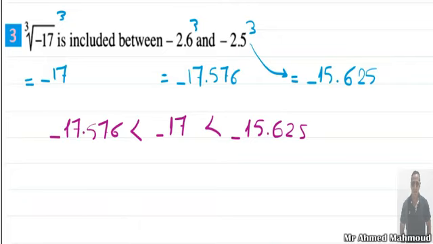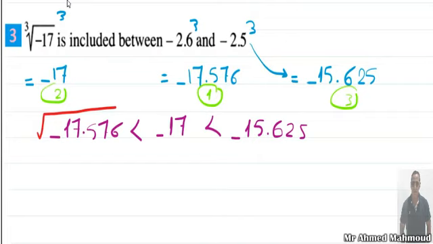If you can't arrange them, you can number them. The smallest number is the first, this one is the second, and this one is the third. Okay, now I'm going to take the cubic root of the three numbers like this, cubic root for the first, the second, and the third.